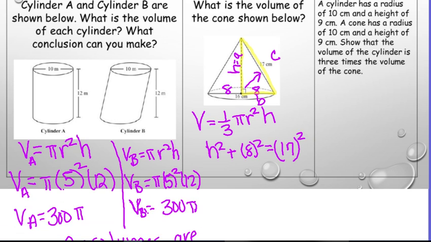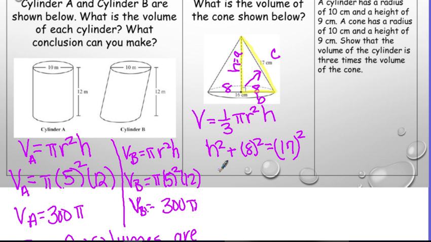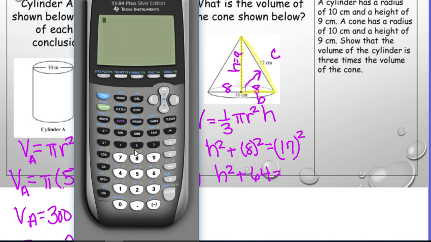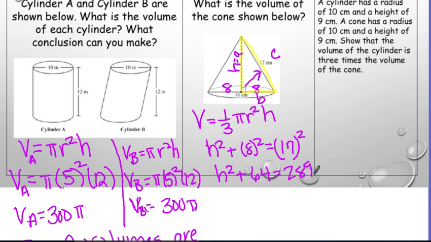All right. So now we're dealing with H squared plus 64 equals, let's see, 17 squared, 289. All right, and then we solve this, so subtract 64. And how we solve equations, variables on the left side, constants are on the right side.